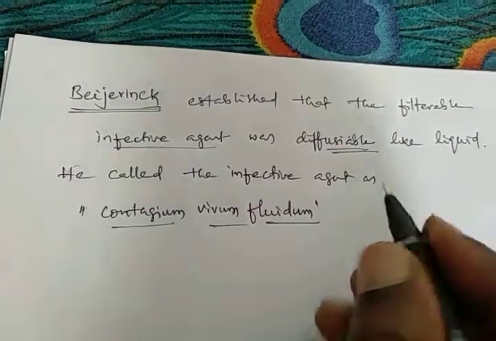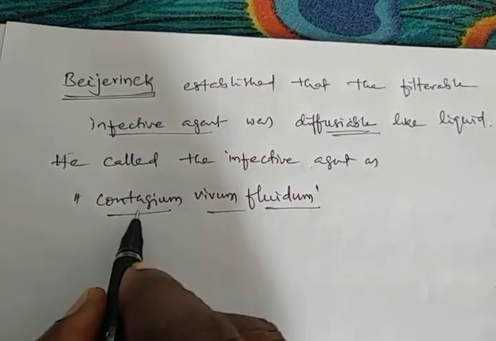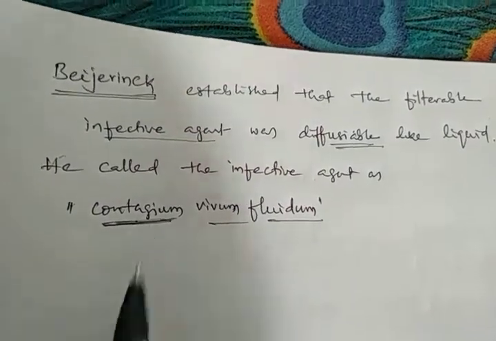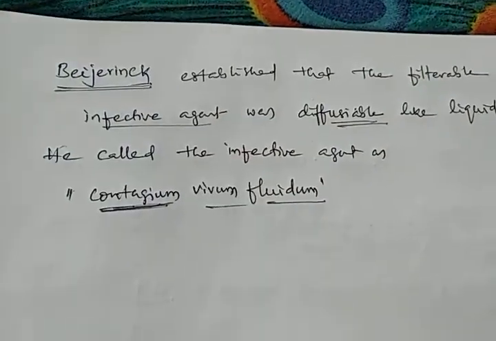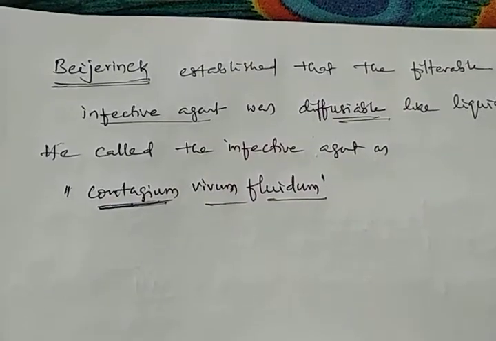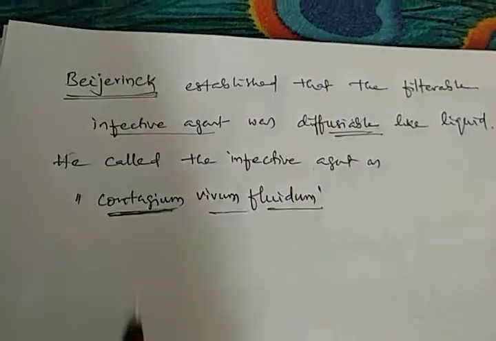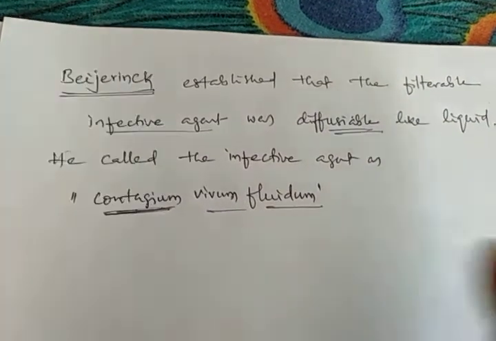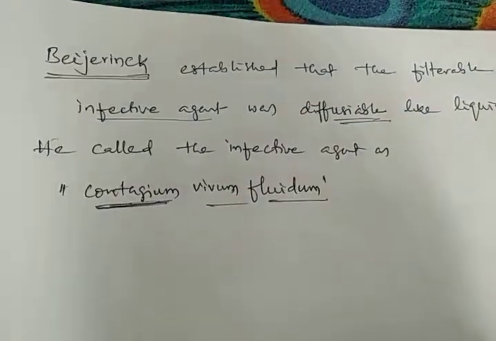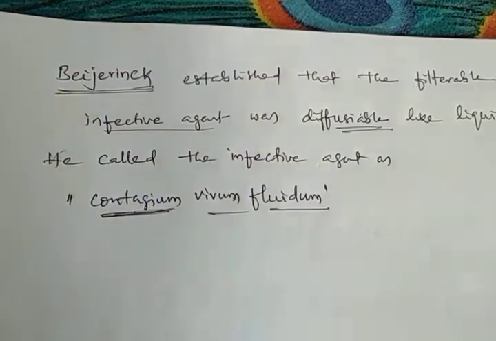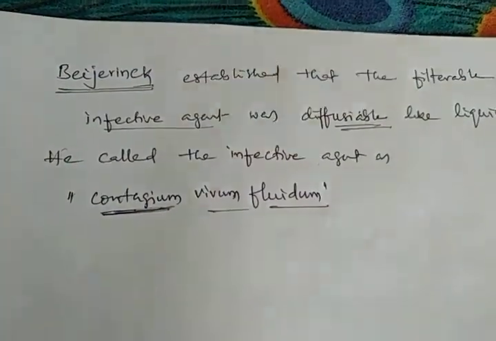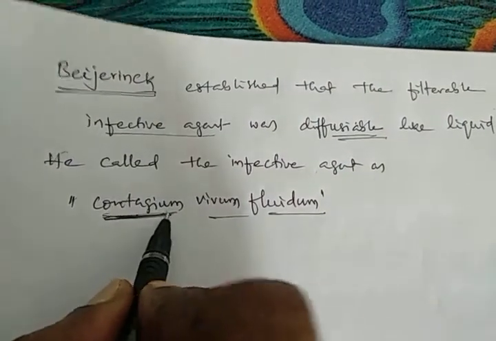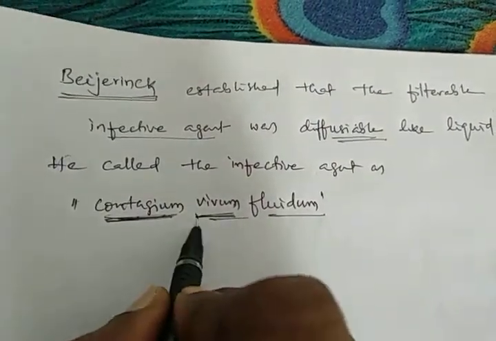Contagium means there is a chance of contamination. Contamination means the spreading from healthy leaves to infected leaves to healthy leaves. That is what contagium means. Vivum means living.